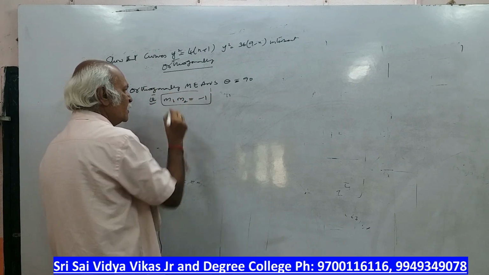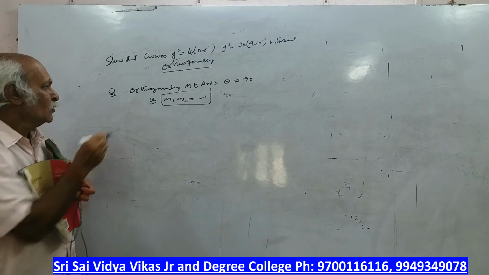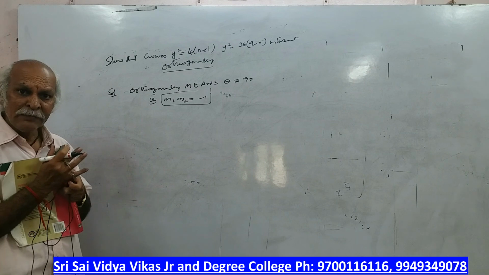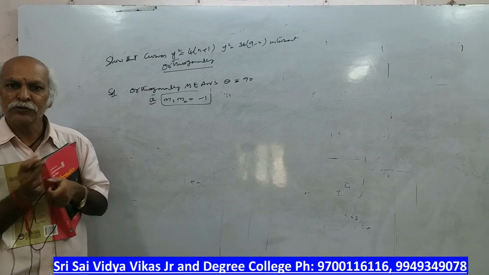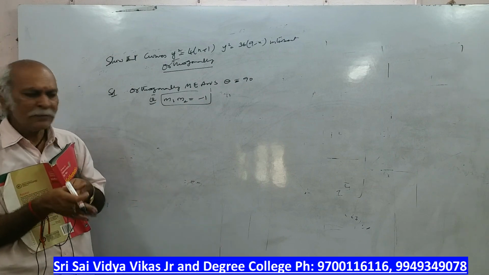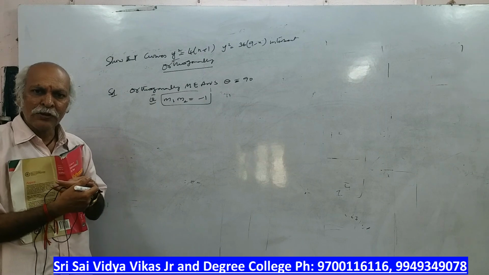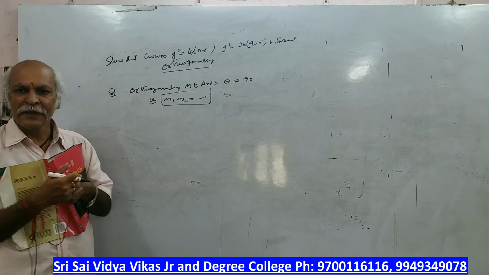We know very well, if lines are perpendicular, the product of the slopes should be equal to minus 1. So we have to find m1 and m2, and m1 m2 should be equal to minus 1. This is what we have to prove. Again we have to do all the same concepts, but here at the last we should not write tan theta. What you have to do is multiply m1 m2. If you get minus 1, you have to say it is orthogonal.